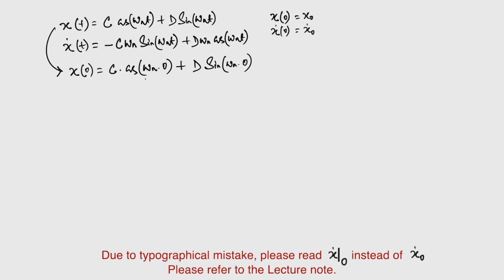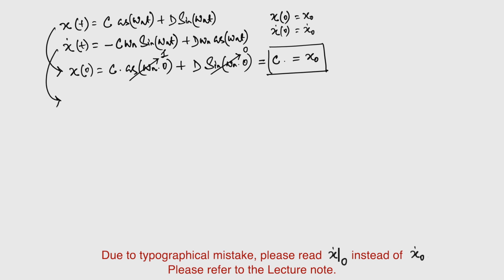Now, obviously the sine term will go to 0 and the cosine is 1. So, this is equal to C, and the first initial condition is x naught. So, we get C as x naught.